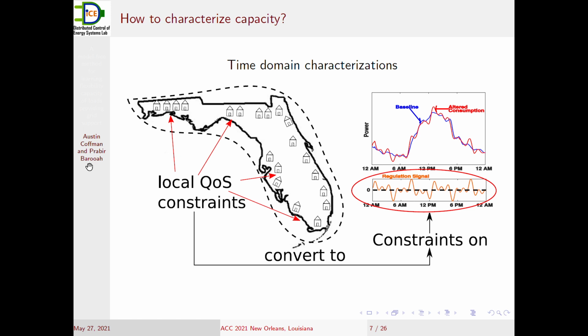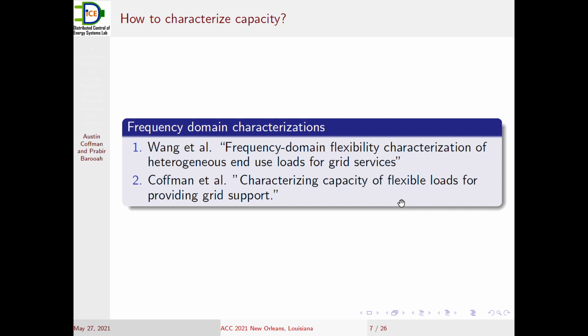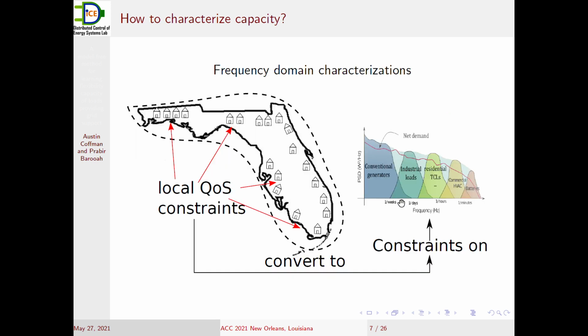Once these constraints on the regulation signal are known, the balancing authority could use this to plan regulation signals. Another approach is frequency domain characterizations. In these, the idea is you take the local quality of service constraints and you convert them to constraints on the spectral density of the regulation signal, and not the regulation signal itself.